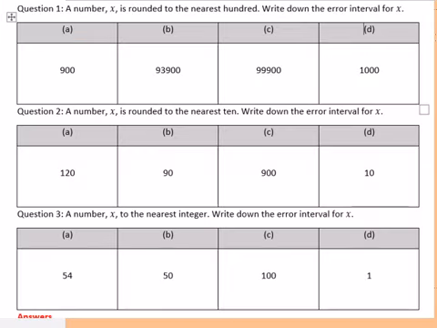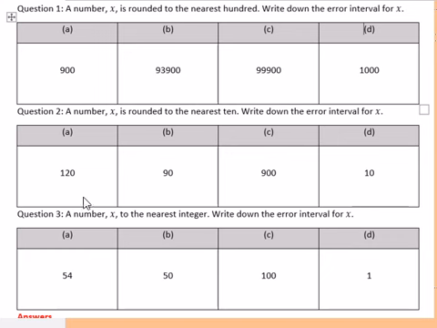Okay, so on the board you have question 1, question 2 and question 3. Question 1 says a number x is rounded to the nearest 100. So these numbers have been rounded to the nearest 100. Write down the error interval. So all the numbers in an inequality that could have rounded to each of these numbers. Question 2, these numbers have been rounded to the nearest 10.